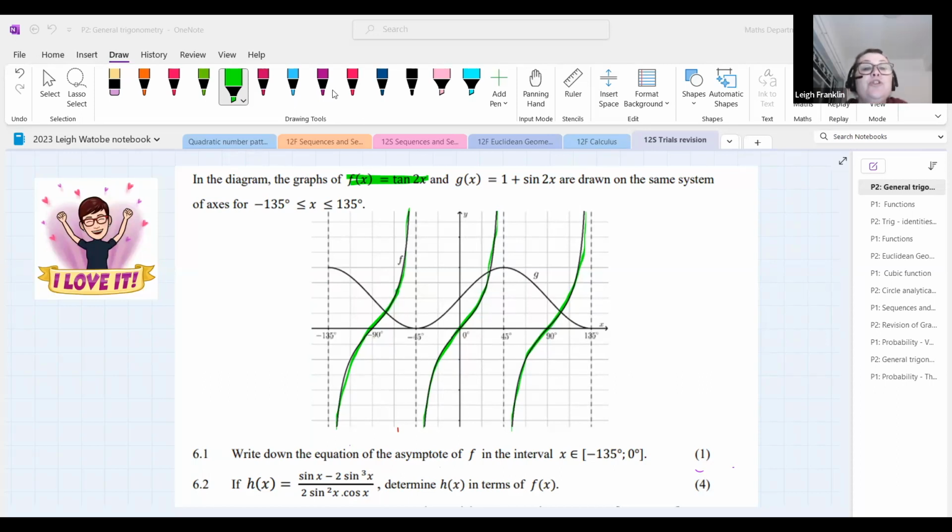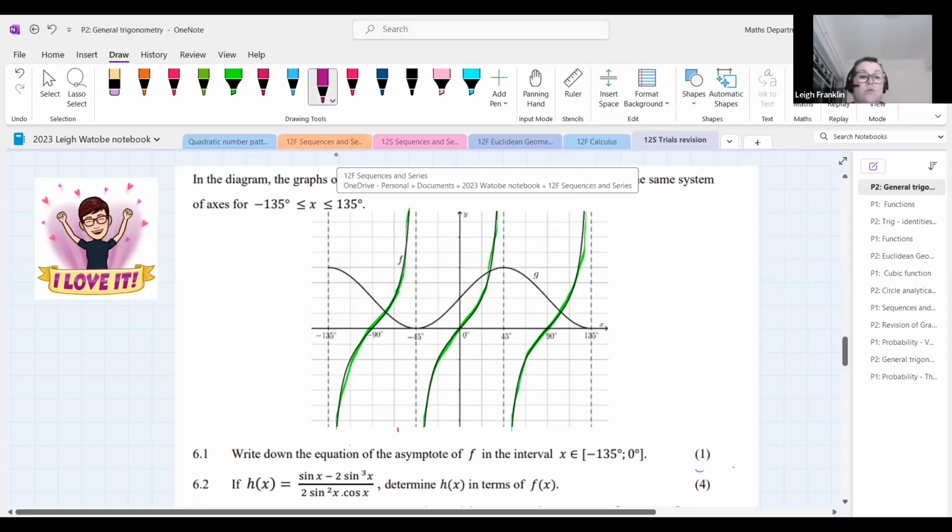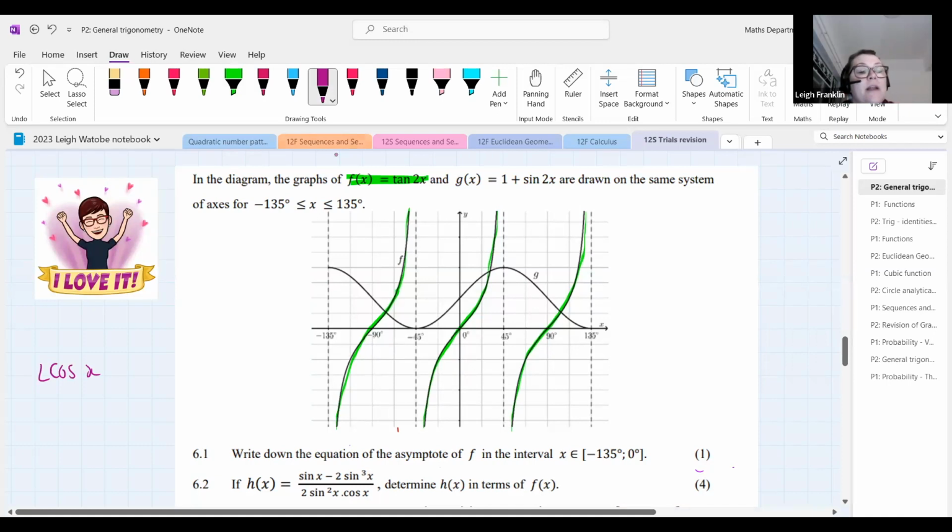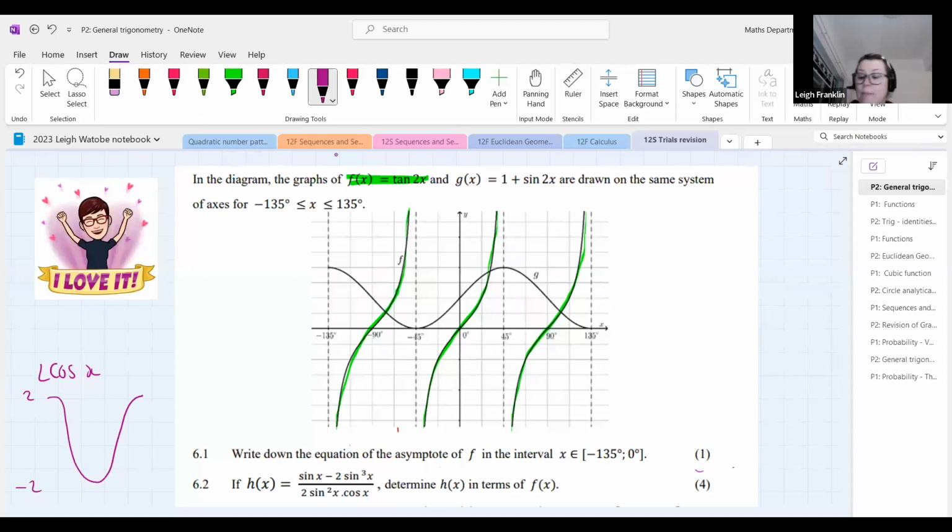Amplitude changes when it's the coefficient of sine x, cos x, or tan x. If I say 2 cos x, then I've changed the amplitude: my graph starts at 2, its maximum is 2 and its minimum is -2. When you change the amplitude, you stretch the graph vertically. When you change the period, you squash the graph horizontally.